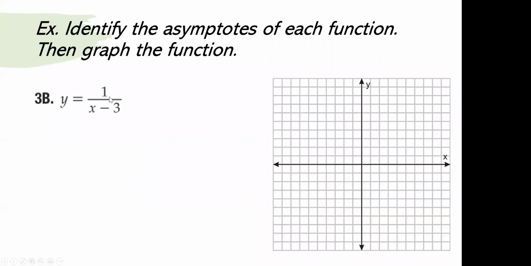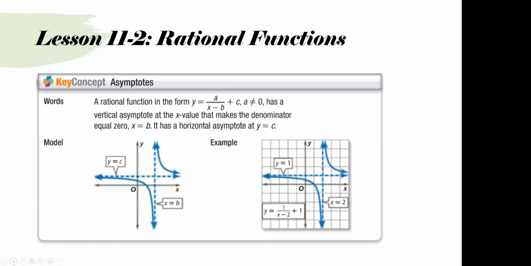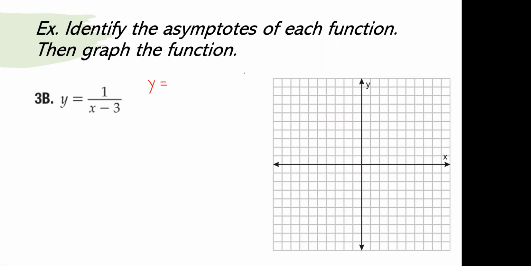All right. So here I have y equals 1 over x minus 3. Nothing is being added or subtracted, so my horizontal asymptote would be at y equals 0.